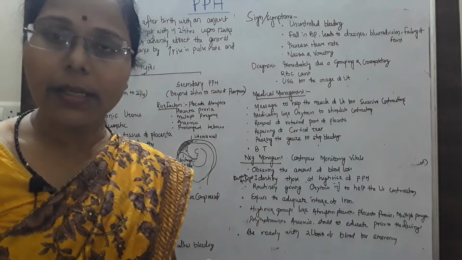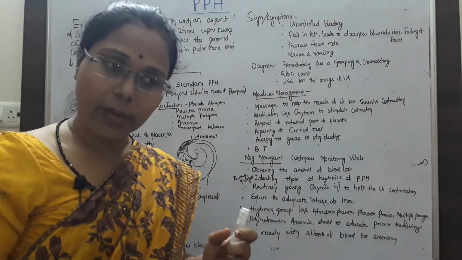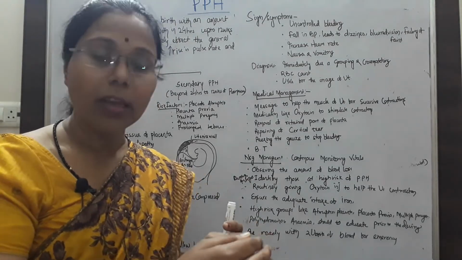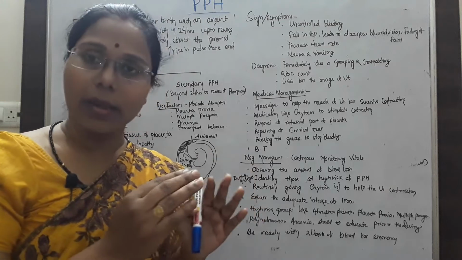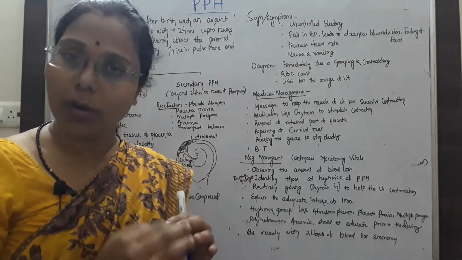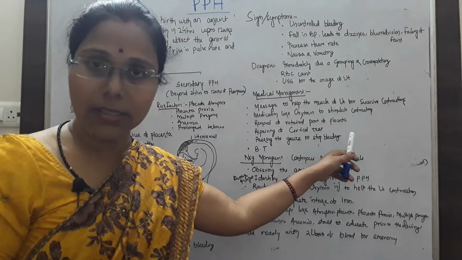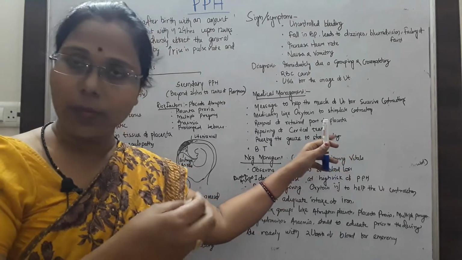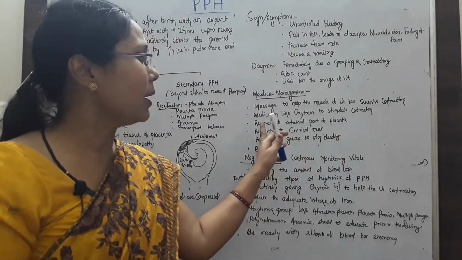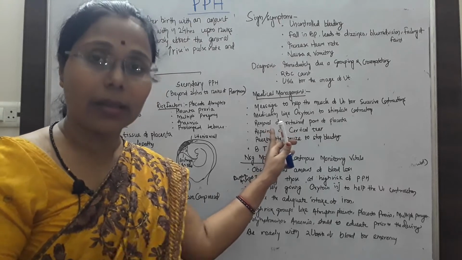And removal of the retained part of the placenta is done after delivery of the baby. The placenta delivery takes place. So during the delivery, when you are removing the placenta, first inspect the placenta to see whether all the parts are removed or not, and whether any retained particle is present or not.